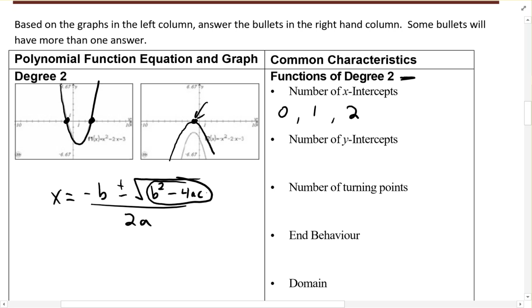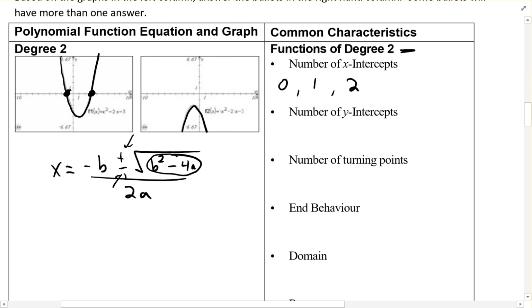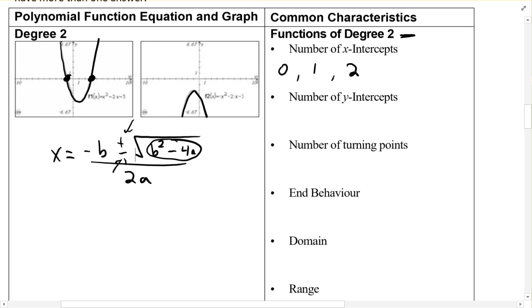If you got a negative number underneath there, then your x-intercepts wouldn't exist at all, so that's the situation where there are none. And every other time, if you've got any kind of positive number down here, you would end up with 2 different answers because of the plus and minus part. That's why we would get this. Just a little heads up to remind you of what we were doing last year. Hopefully that made sense.